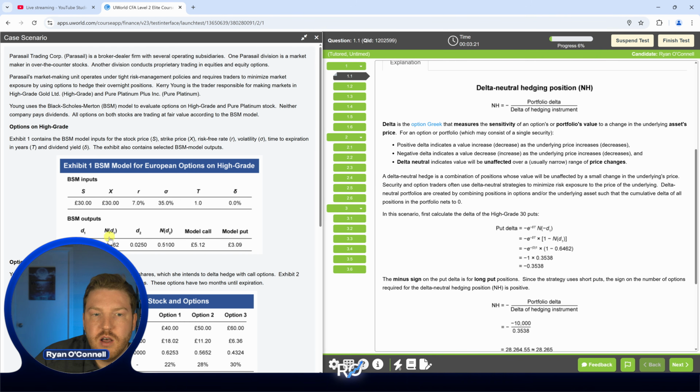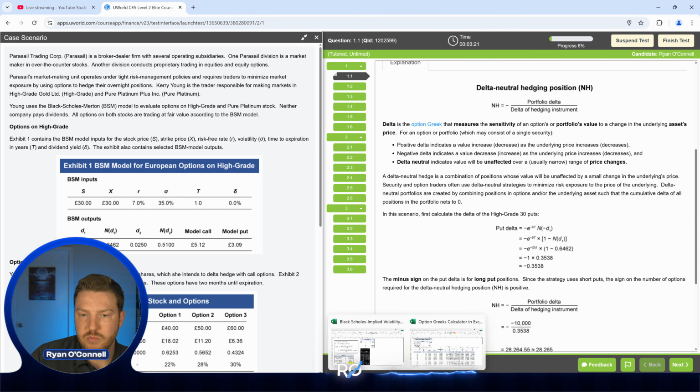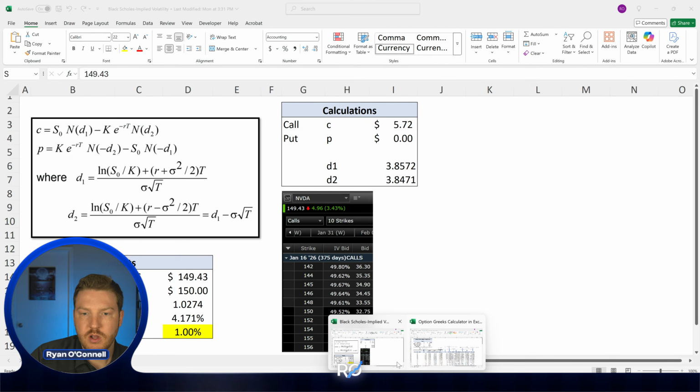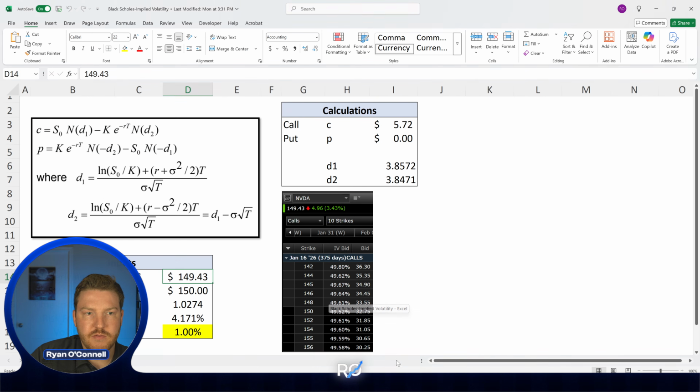So this is a little bit more complicated, and it's a good question because we're going to get into that. We'll actually start calculating D1, N(D1), D2, N(D2). So hold that thought for a few of the questions in the future. We have a formula that we're going to use, and I've shown how to do this in Excel before in previous videos.